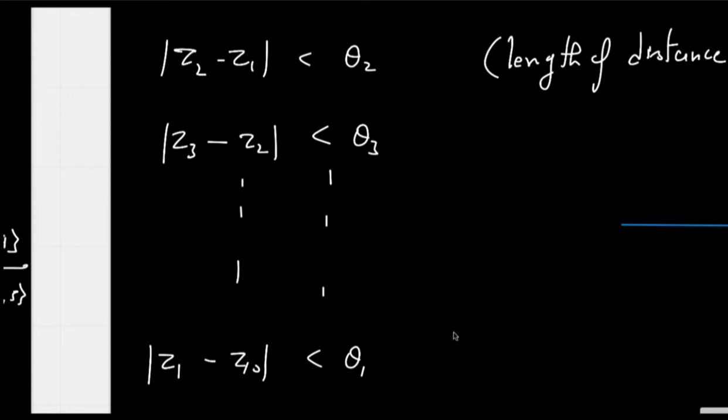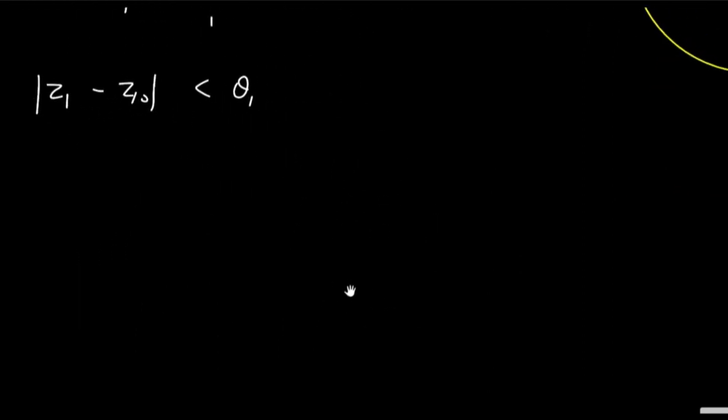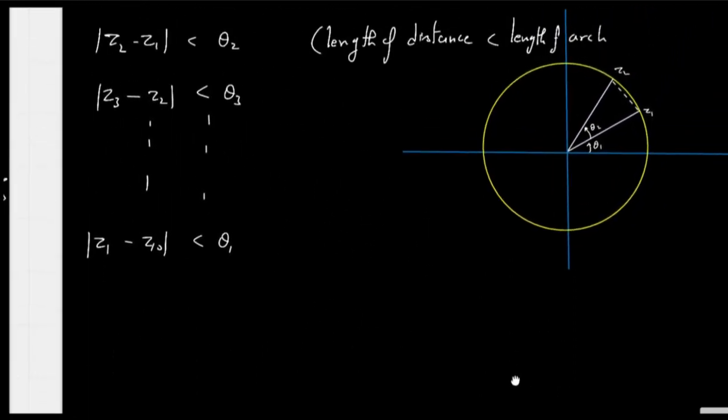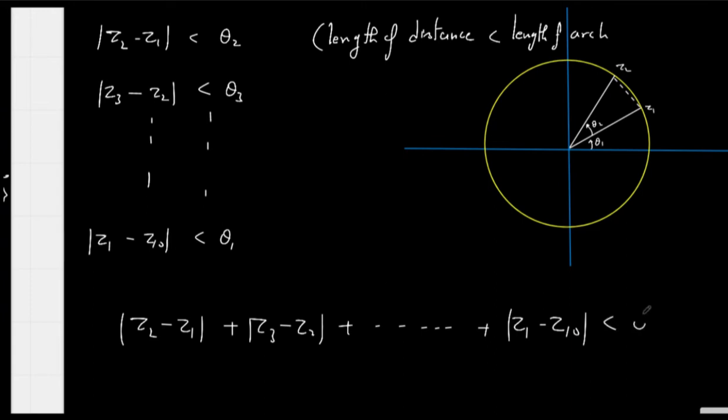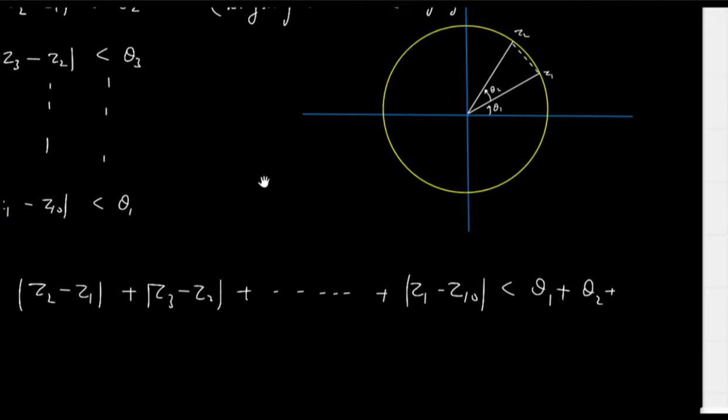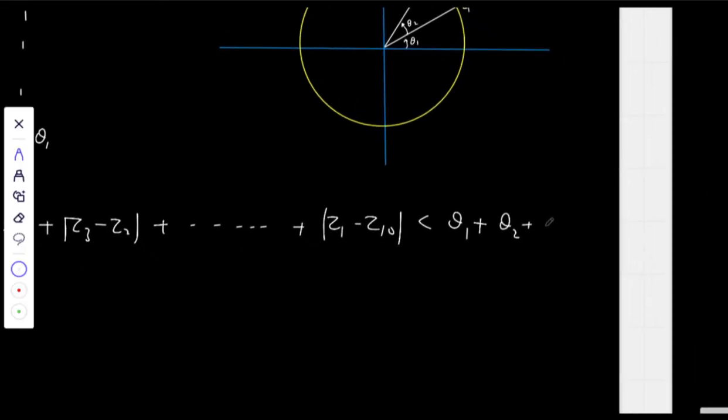Now add the entire thing vertically. So we will add all this, and what we can see is mod Z2 minus Z1 plus mod Z3 minus Z2 plus dot dot dot plus mod Z1 minus Z10 is less than θ1 plus θ2 and so on, dot dot dot plus θ10, right?